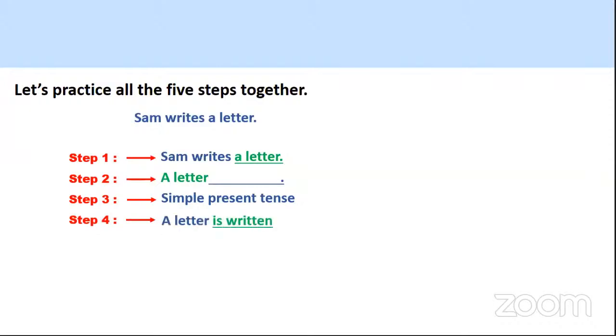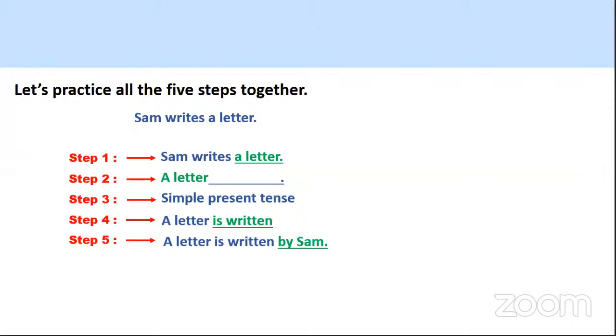A letter is written. A letter is singular, so you have to use is there. Then what is the past participle verb of write? It is written. Then is written. This is the final step. You have to add the by phrase. A letter is written by Sam.